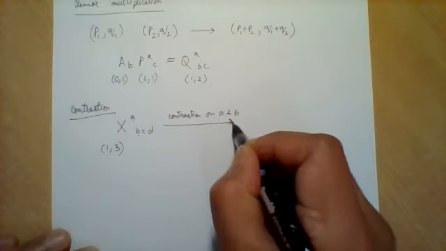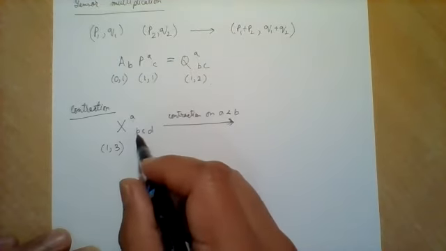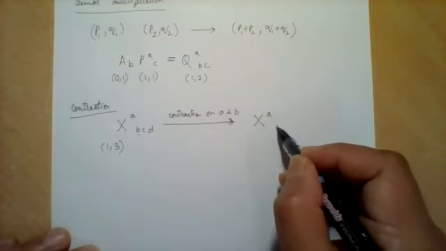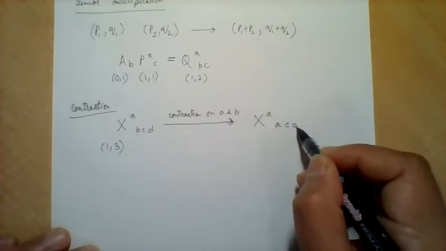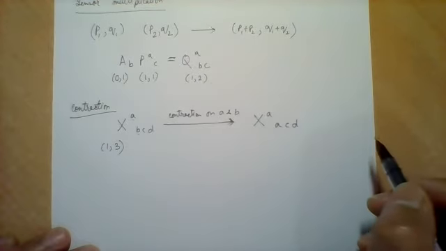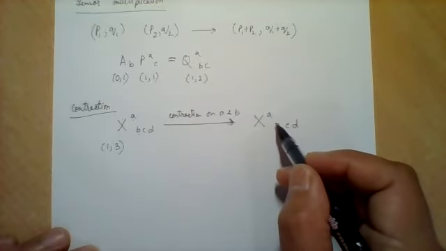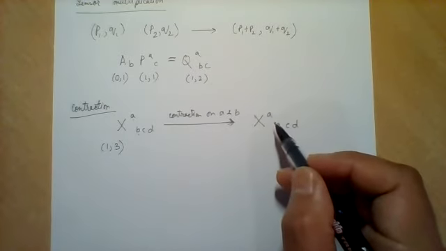Setting a equal to b, summation over a is implied. So that means X^a_acd. This is a contraction.